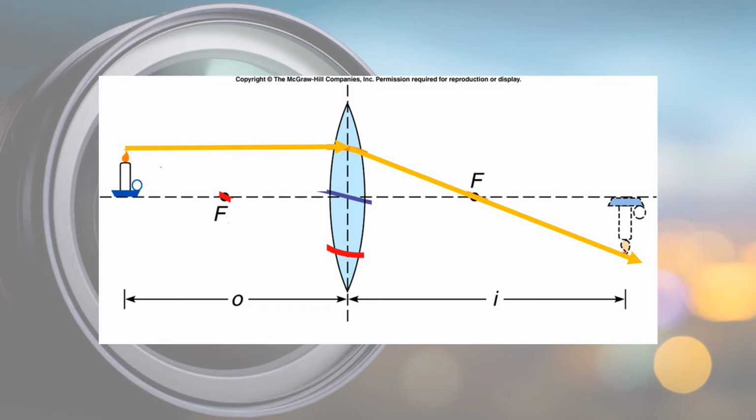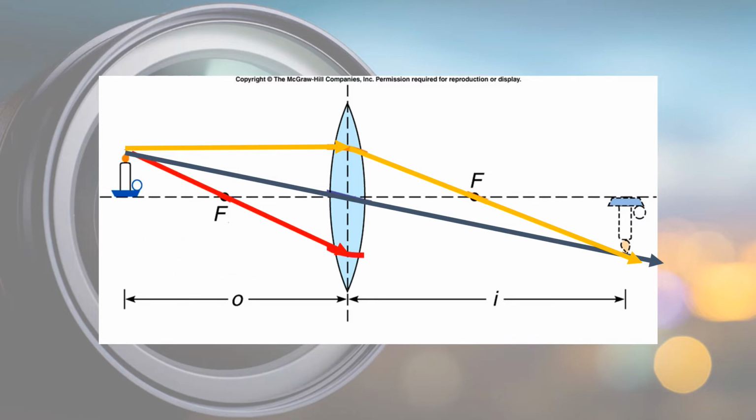When the light coming from the object passes through the center of the lens, it will not be refracted, it will just travel in a straight line. When a light ray coming from the object passes through the virtual focus and enters the convex lens, it will be refracted parallel to the principal axis. The point where the three refracted rays meet is where the image is formed.